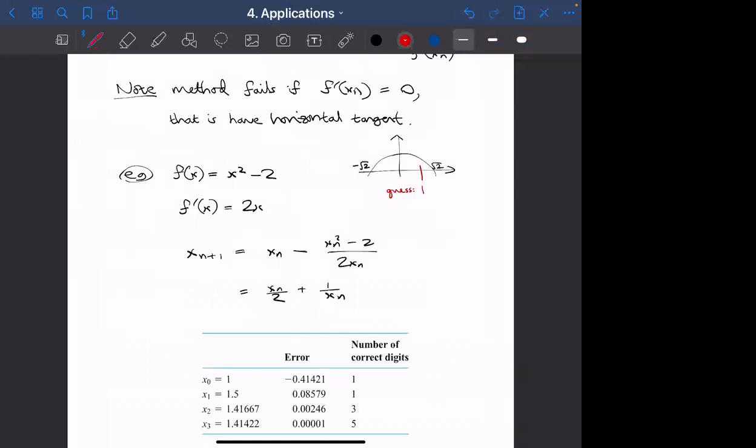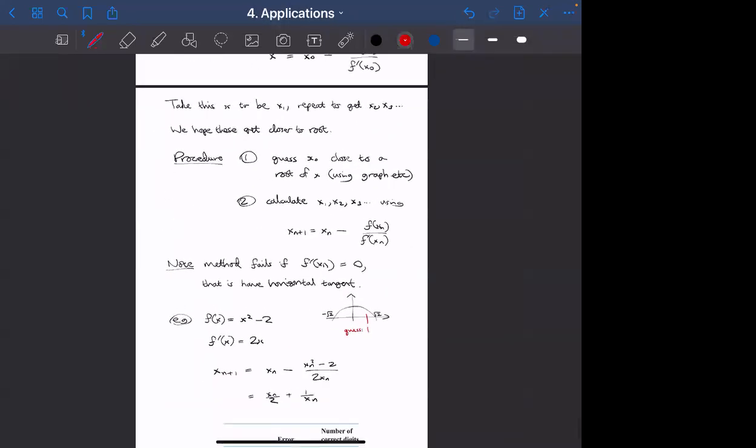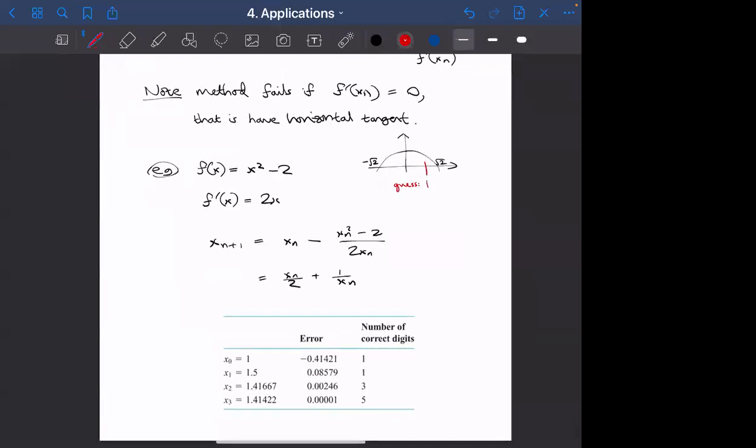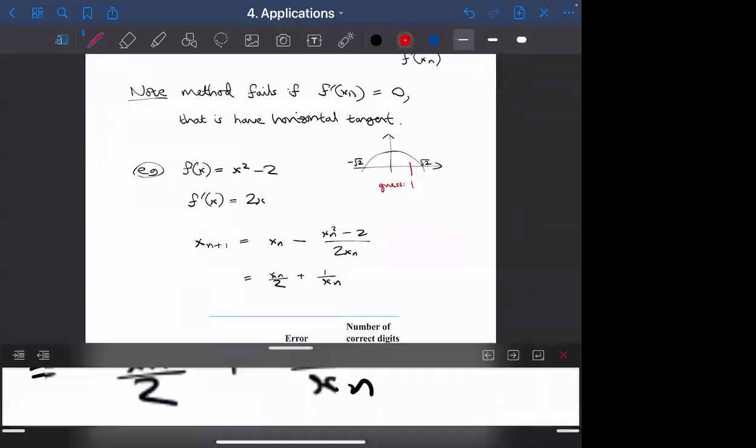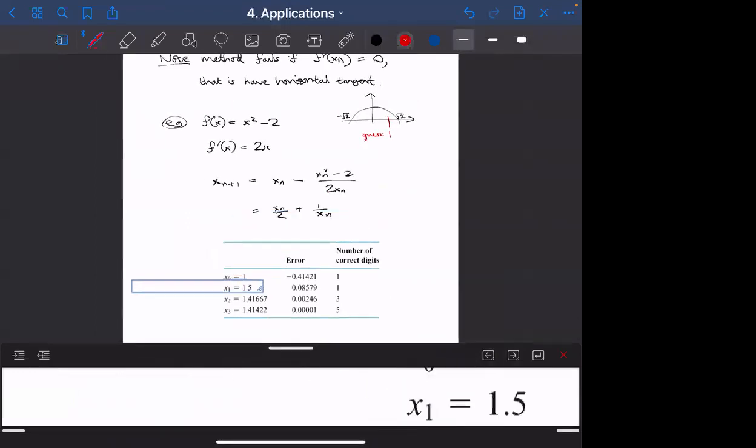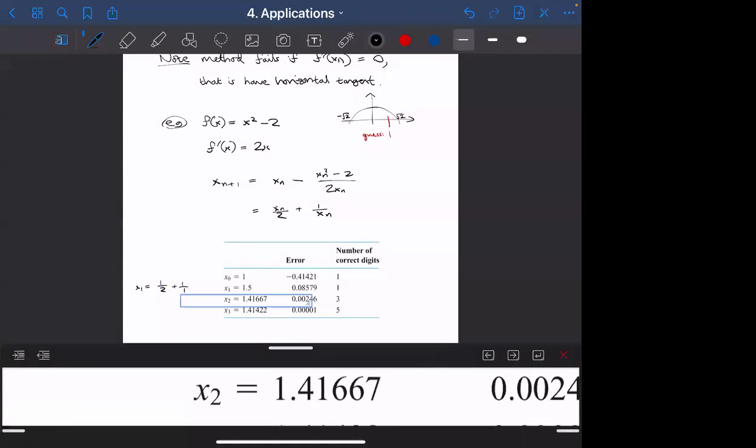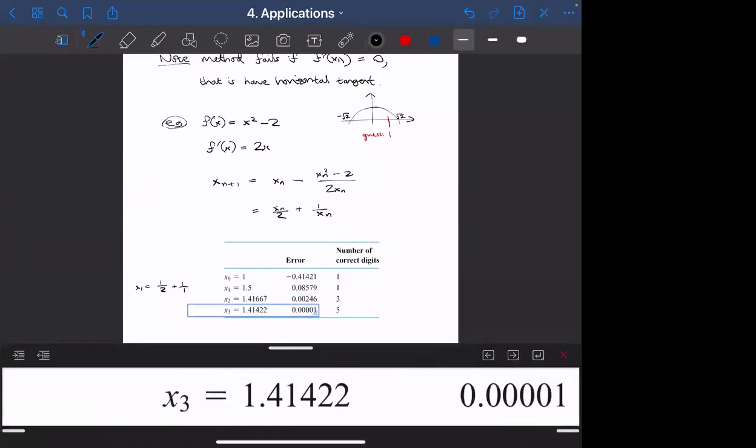So you guess x0, and then x1, we can use the formula, is 1 over 2 plus 1 over 1, which is 1.5, and then we use the formula again and get x2, which is something like this, and we keep on going. But even after 3 steps, we are very close to the right answer. The error is only 0.00001.